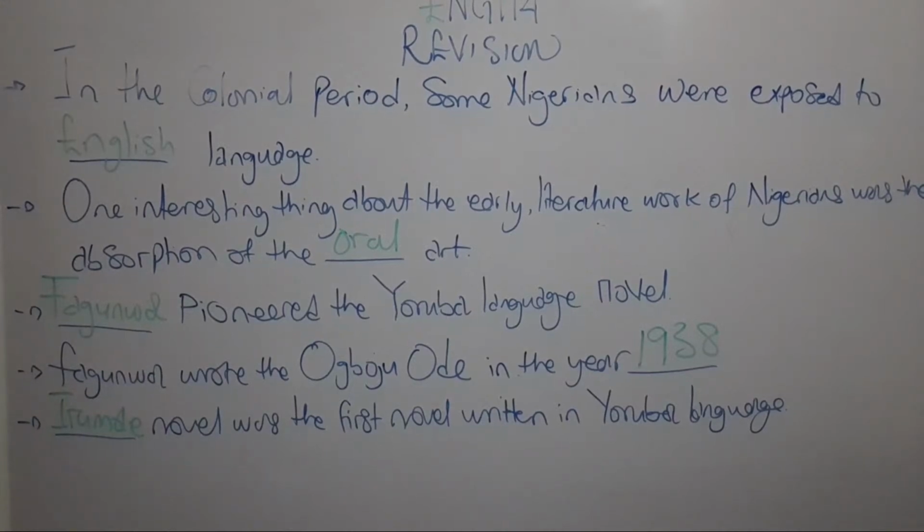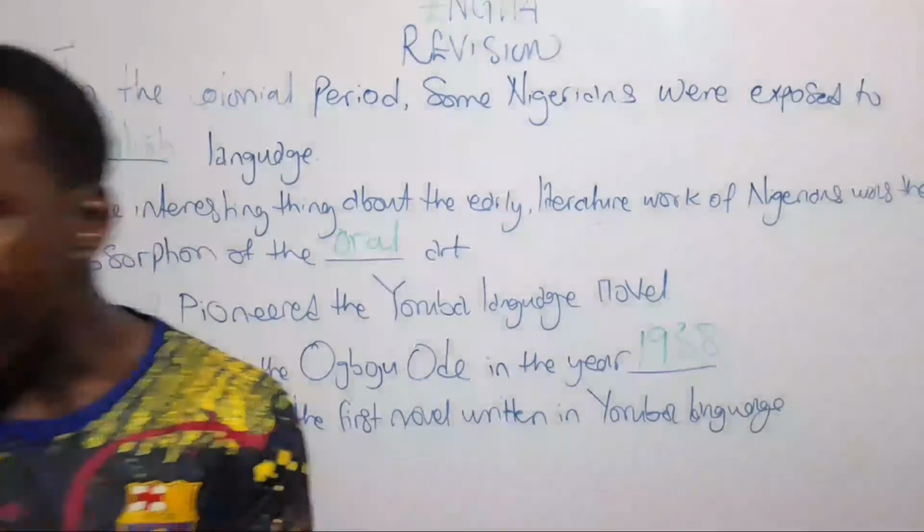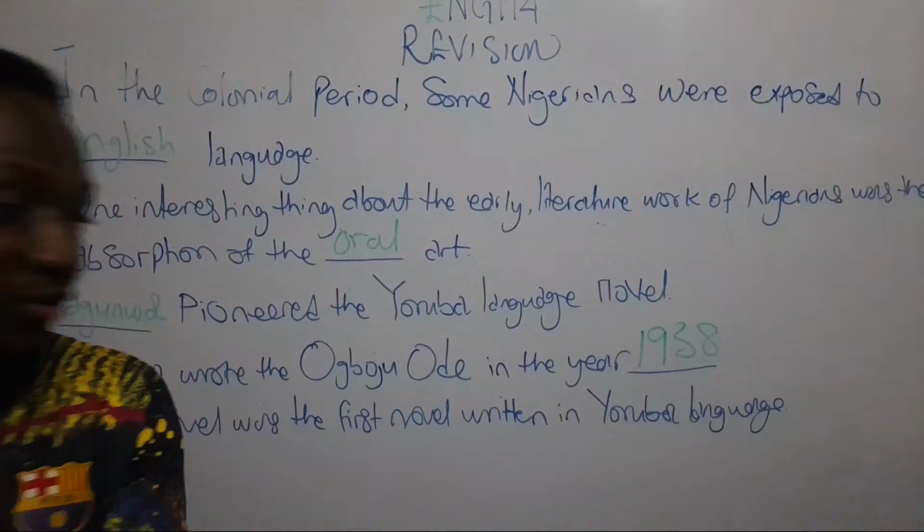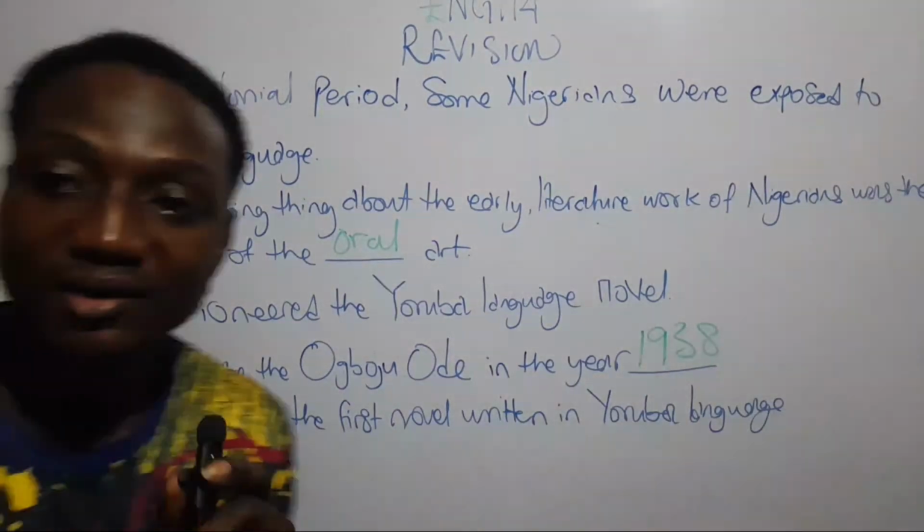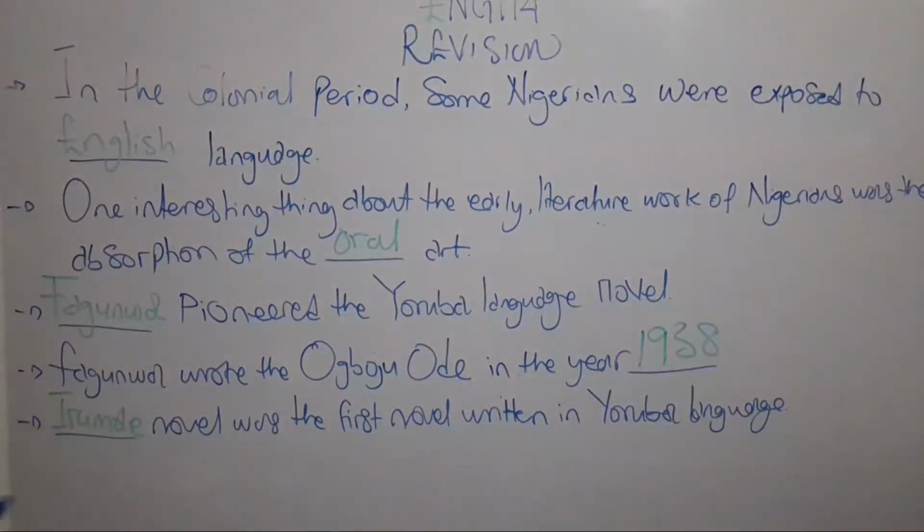Now let's take the next question. The novel Aditun Olodumare was written in dash year. I think I can squeeze in one more question here.